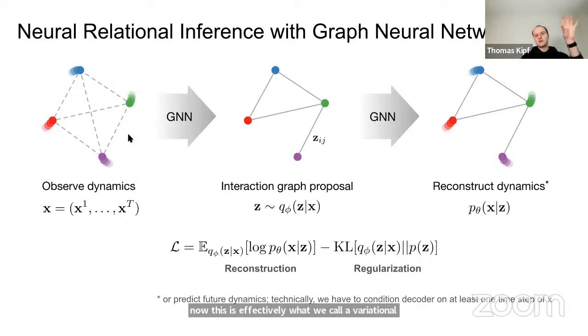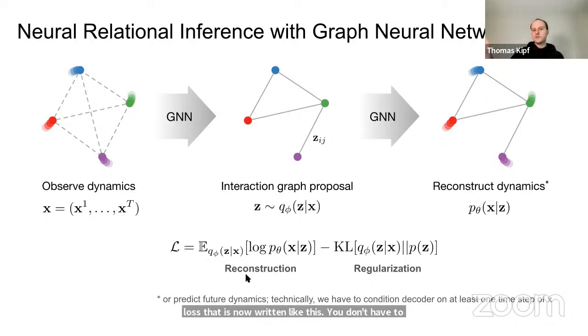The first part of the graph neural network is an encoder, the second part is a decoder. Then we have these latent variables, which are these proposed interaction graph, or edge types. We train this by sampling from this predictive distribution and by having a reconstruction loss that is written like this. You don't have to worry about the details.